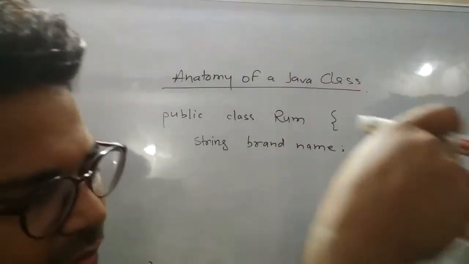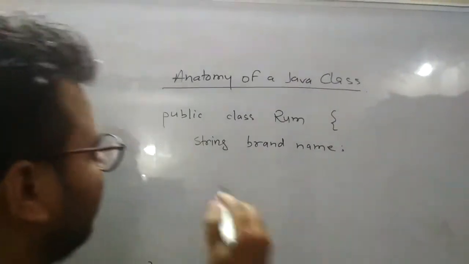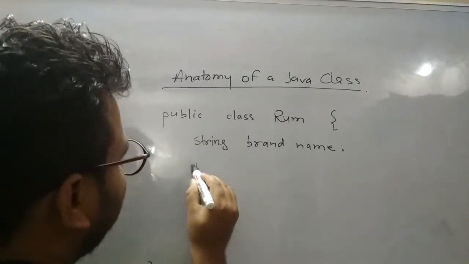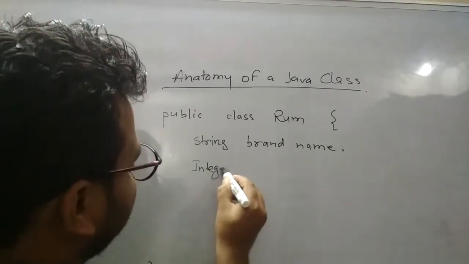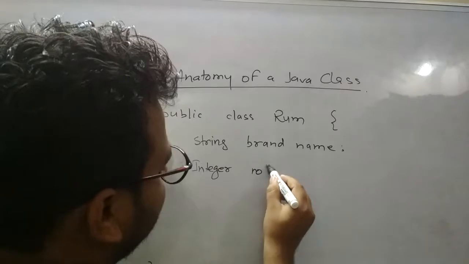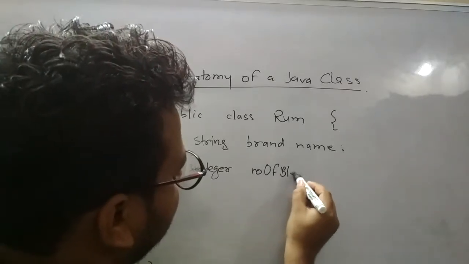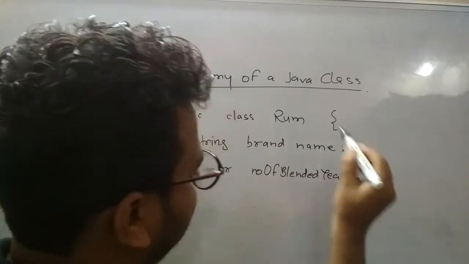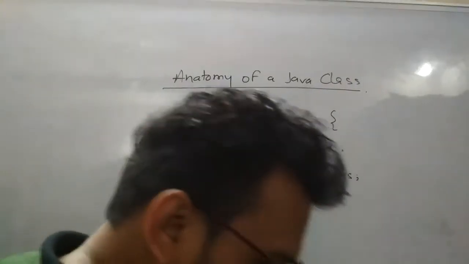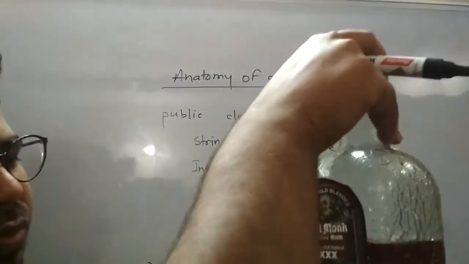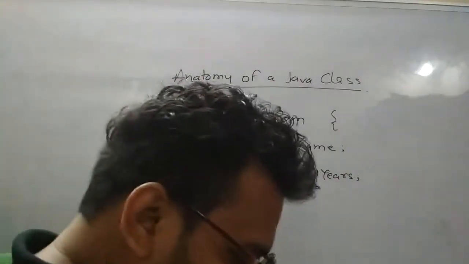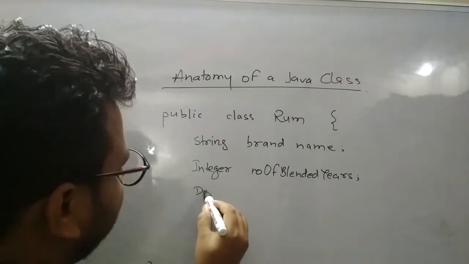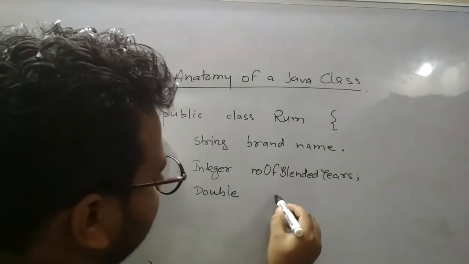Then the number of years blended. We can create a variable for it. It is an integer because it is 7, so we have an integer for the number of blended years. We can have a price, which should be double, so we write double price.